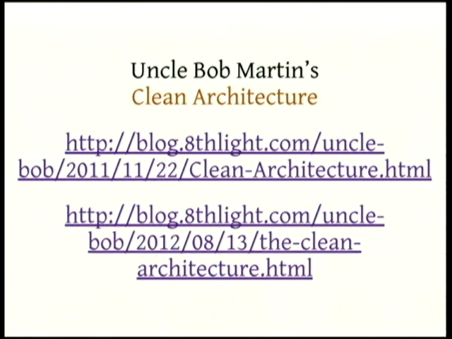The inspiration for this talk is someone called Uncle Bob Martin, who is really big in the Java and the strong object-oriented statically typed languages. And he recently, in 2011 and 12, was thinking about a new way of organizing his code, his applications, that he called the clean architecture.